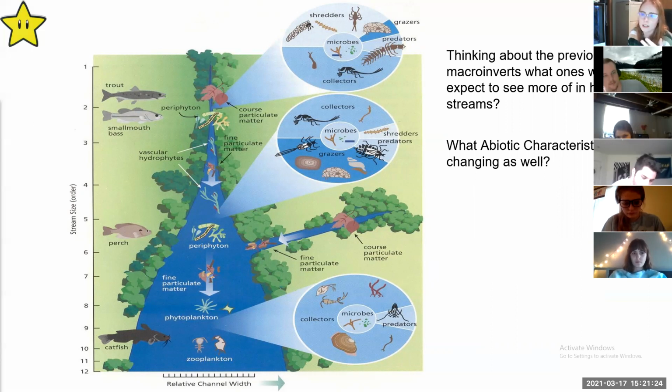Prior to the river continuum concept, people who studied freshwater ecosystems studied their 100-meter stretch of water, and that was it. They didn't consider what was going on upstream. They didn't consider what was going on downstream. And so it really pushed us to study systems at a watershed level.